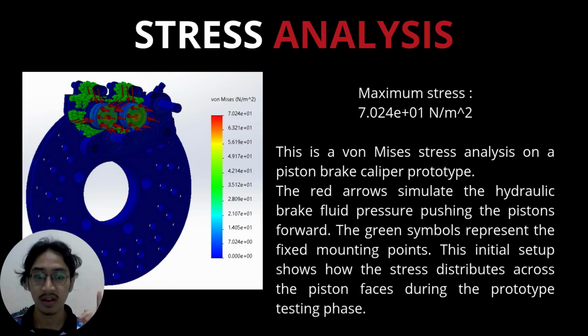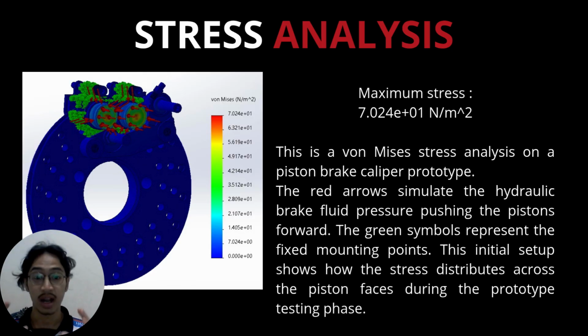On the right side of the slide, we have our result. The color scale shows how stress is distributed. The blue means very low stress, while red shows the highest stress. As you can see, the stress is mostly concentrated right on the piston face, which is exactly what we expect.